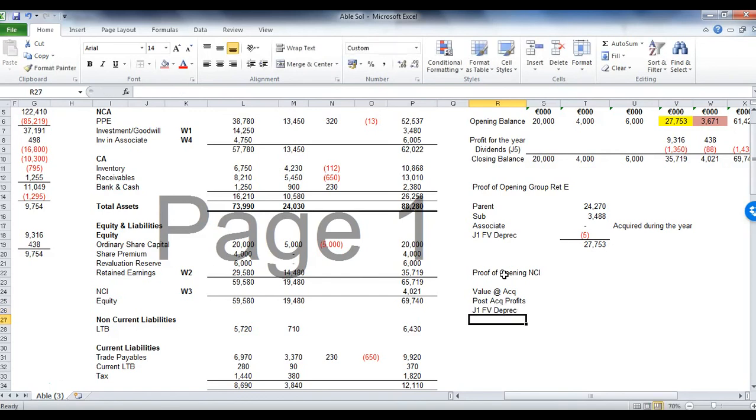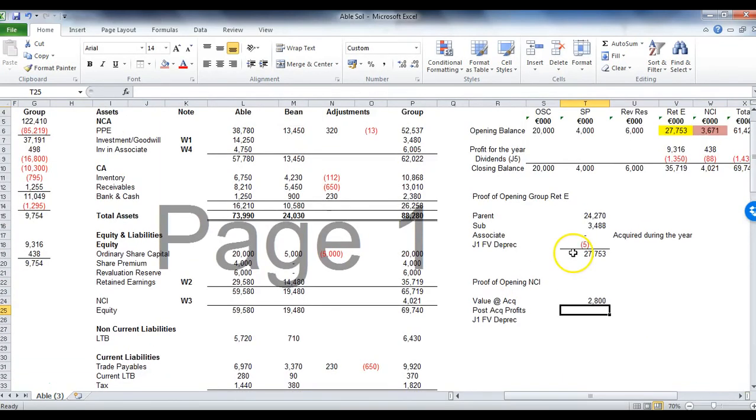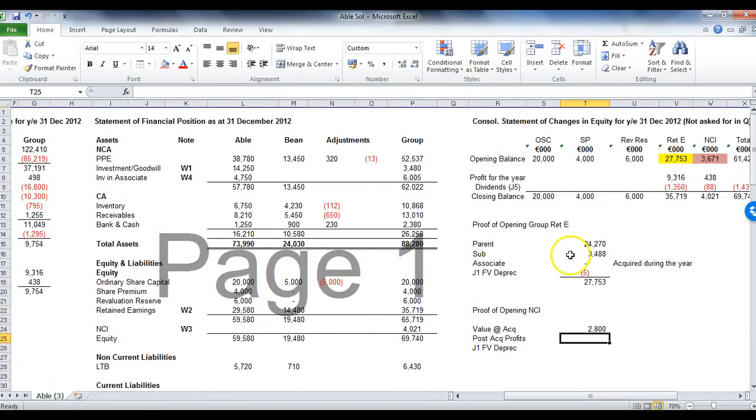So to get the opening value of the NCI at the 1st of January 2012, well, when you bought Bean, the NCI was initially recognized at 2.8 million back at the start of 2011. But over the 2011 period, they earned post-acquisition profits. And we've calculated this up here to be 4,360. So remember we did that formula out before.